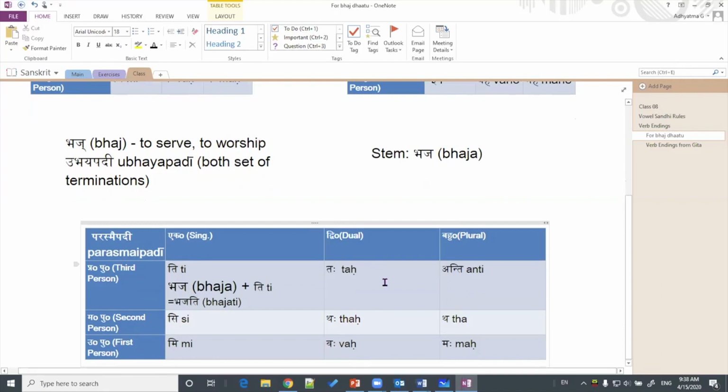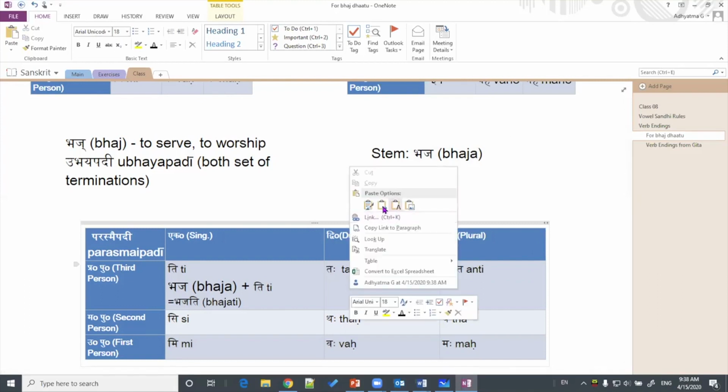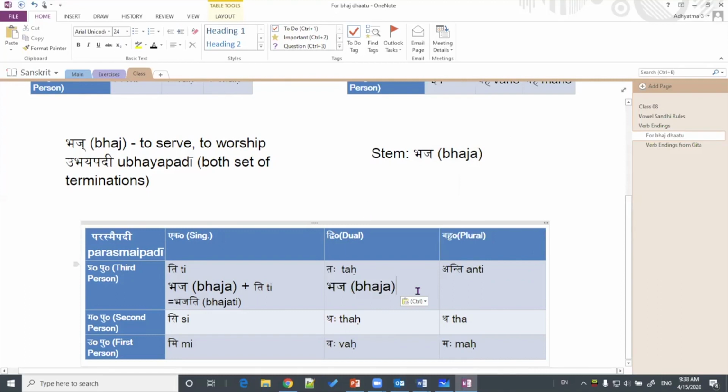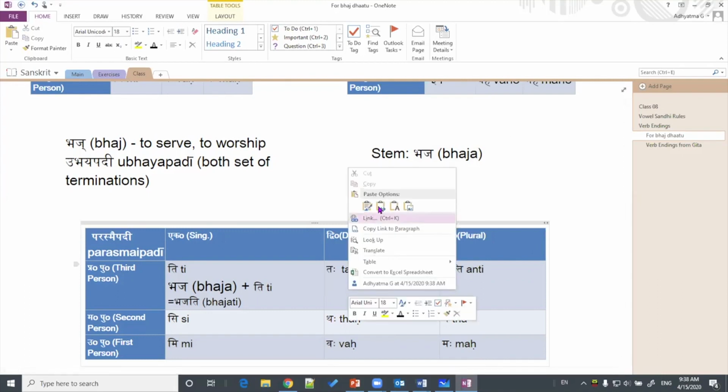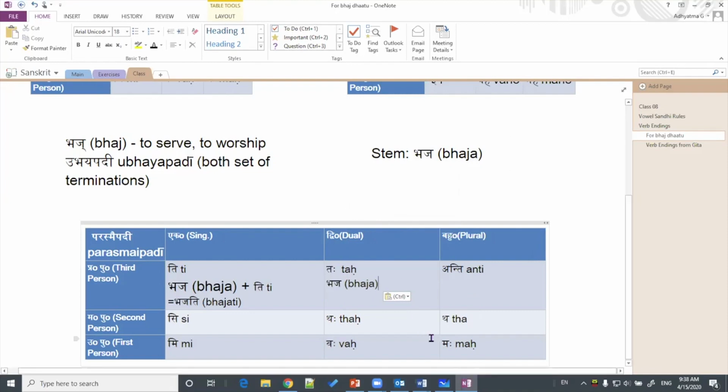Then for the next, bhaja plus taha, it becomes, actually you can literally add it up.